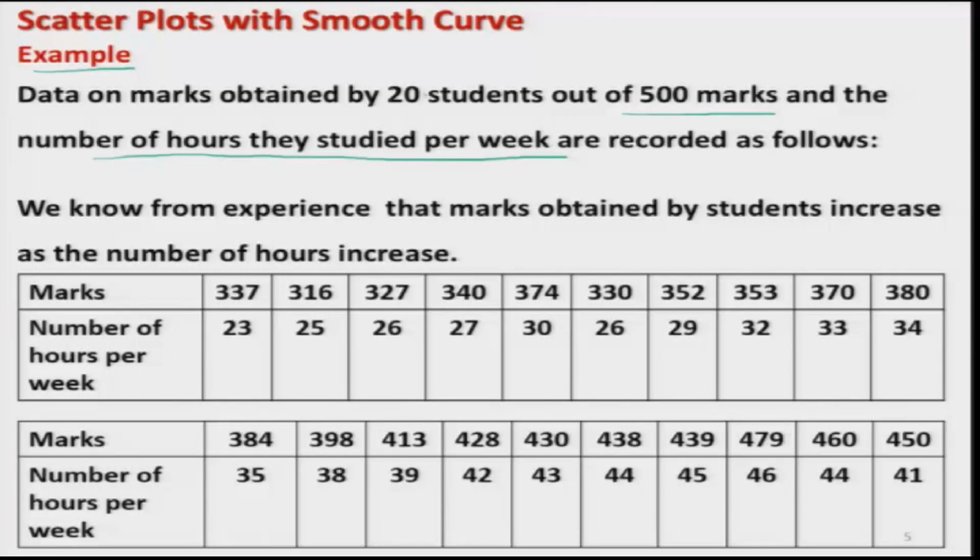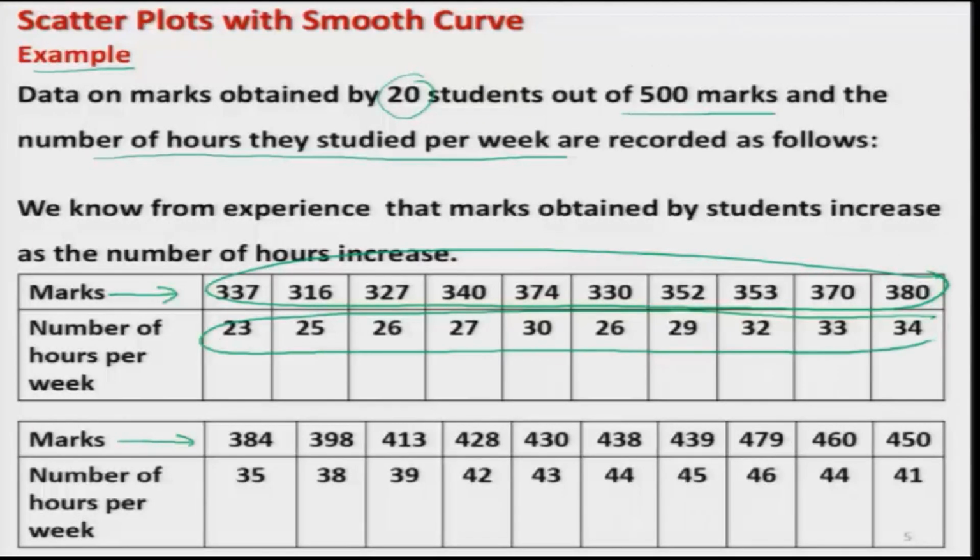This data was obtained for 20 students, and it is given like this. The first row is the marks of the students out of 500, and the second row gives the information on the number of hours they studied in a week.